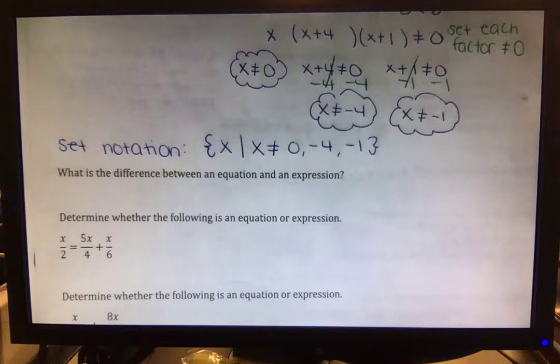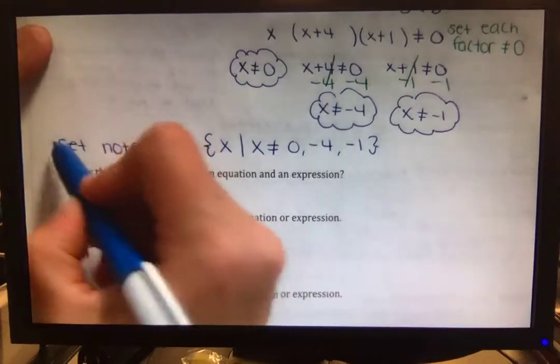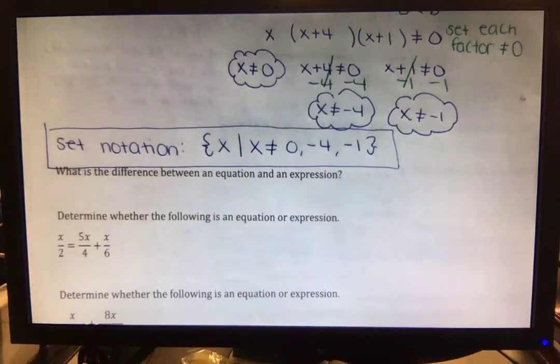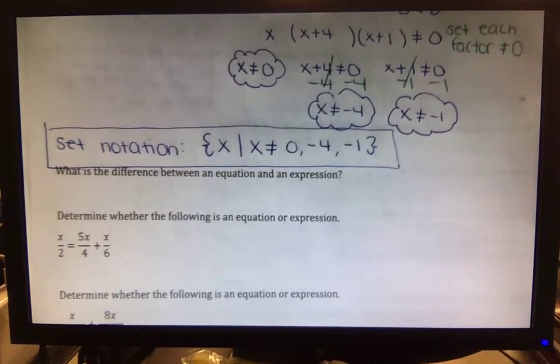So that'll be our final answer. I know it's not on here, but what if we had the same exact problem, but our GCF was like 2?